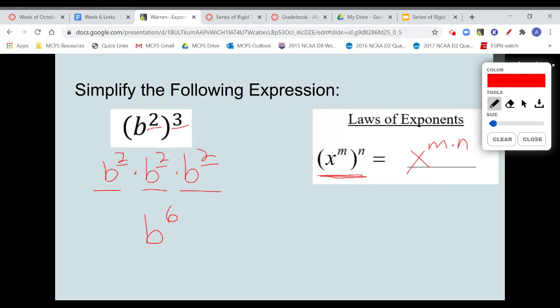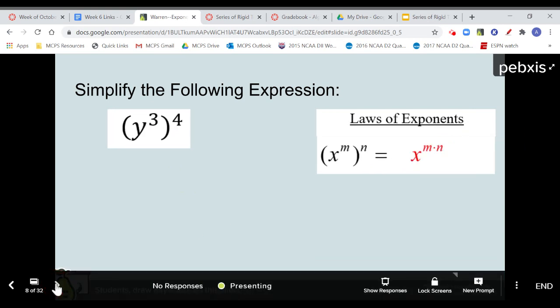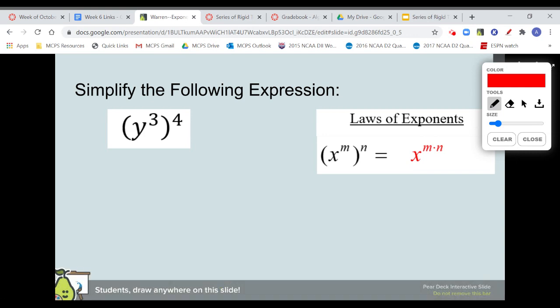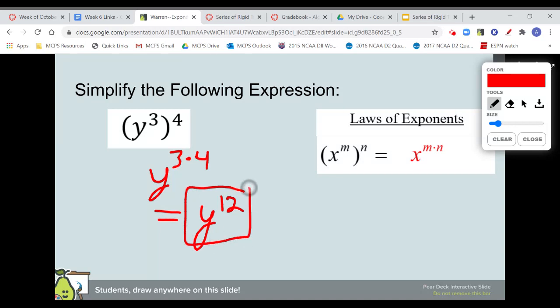If I'm raising to an exponent, then I multiply. Okay. And then here, we're going to do a quick example. Since we have y to the 3rd to the 4th, I have to raise this to the 3 times 4 power, which gives me y to the 12.